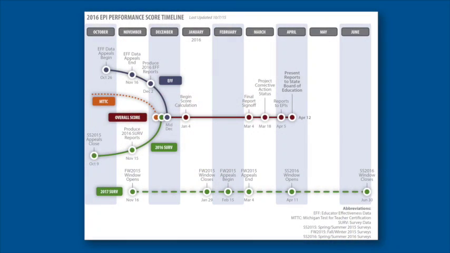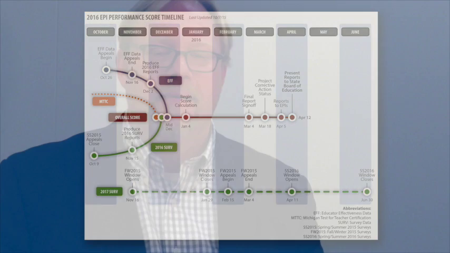This video won't go into the fine details of this, but again, the EPI Performance Score Technical Manual from last year will explain what the point values are and how they are weighted between the 3 years of experience. When this is done, the final reports are issued to the EPIs. This year, we are aiming at early December for this submission to you. The overall reports have a bar that represents the educator effectiveness data, abbreviated EFF.